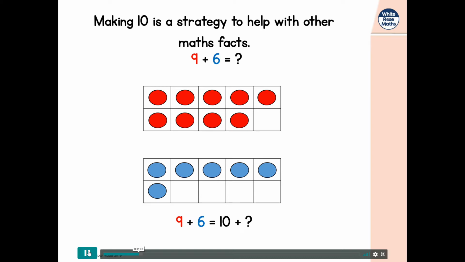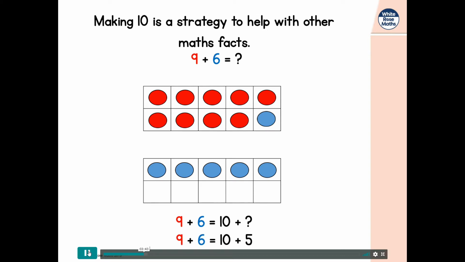So let's make that 9 into a 10. Let's take one of those blue counters and move it up. Now we don't actually have 9, we have 10 counters. So 9 plus 6 is the same as, take a look at those tens frames, 10 plus 5.